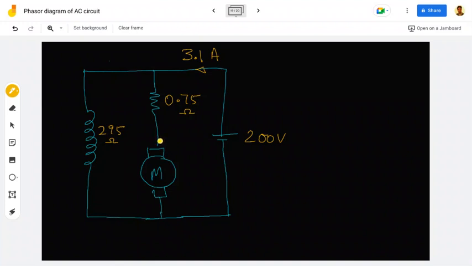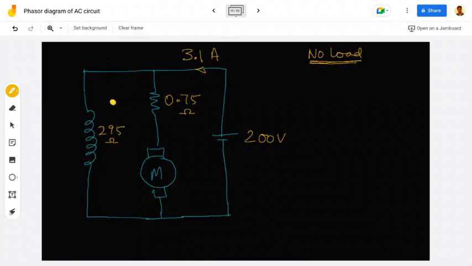Light load. Okay, so light load means no load. First I'm taking the case of no load condition. From what I could remember, we need to find the rotational losses for this.